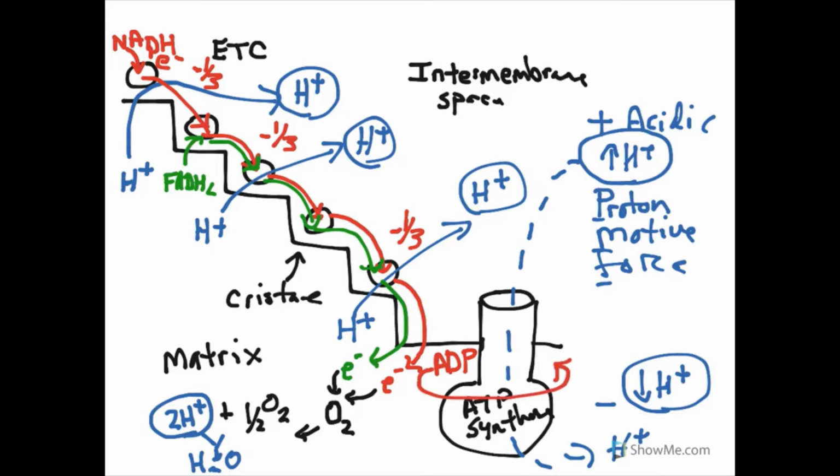And when it does, this thing makes a lot of ATP by basically turning this. It is one of the smallest known molecular nanomotors out there, which is able to turn and catalyze by producing ADP into ATP. And when the hydrogen ions pass through, this is called chemiosmosis.